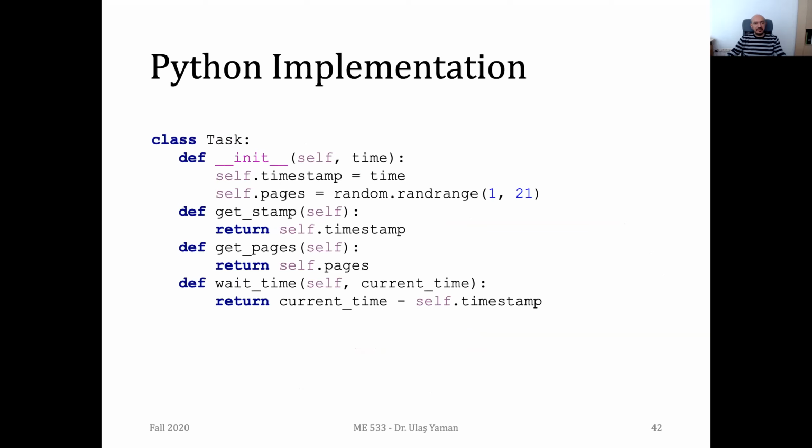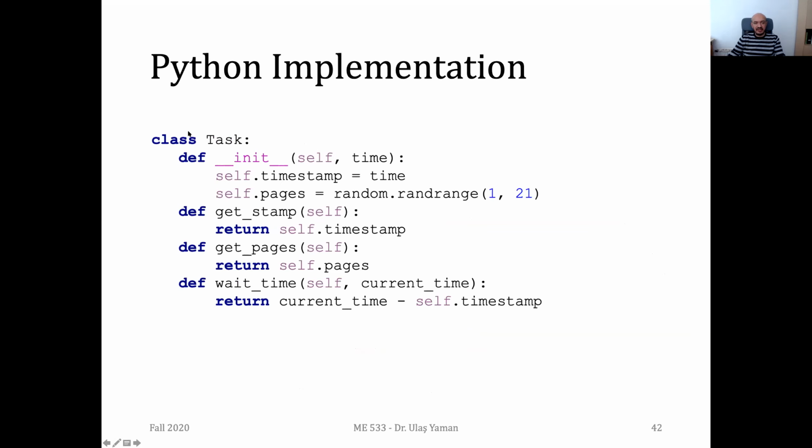So what we do in the task class, again, we have an initialization expression. We need to have a timestamp so that we will be computing the waiting time and the printing times.